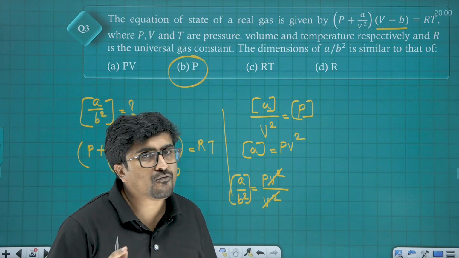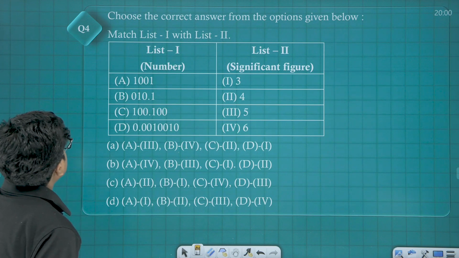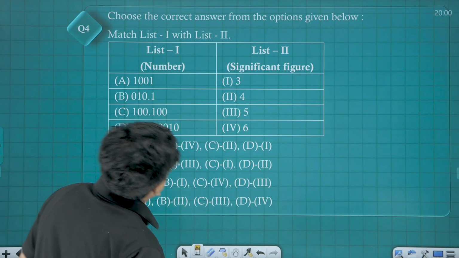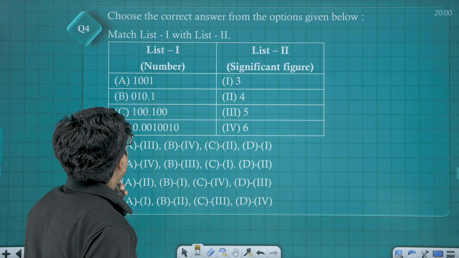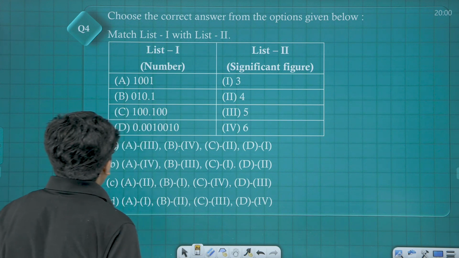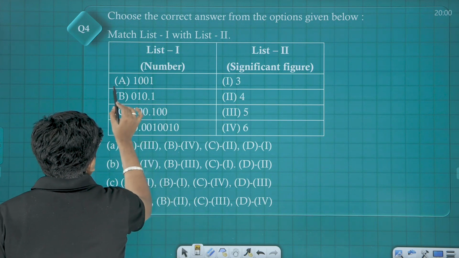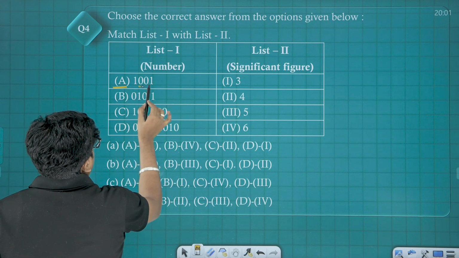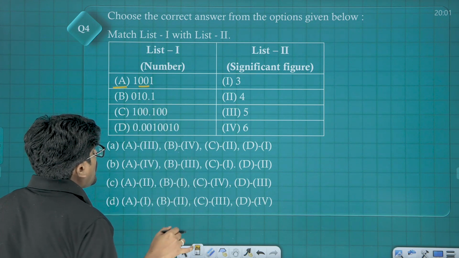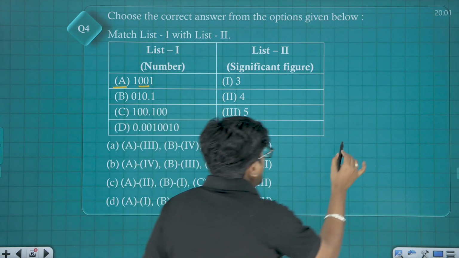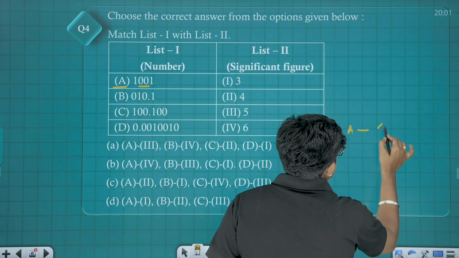Next is question number 4. Choose the correct answer from the following options below. This is related to the significant figures. All right, so here the first one, option A. Here we have got 2 zeros, and these 2 zeros are between 2 non-zero digits. So for A, the significant figure is 4.